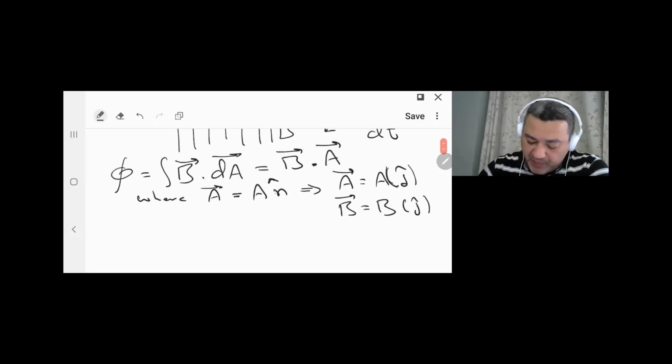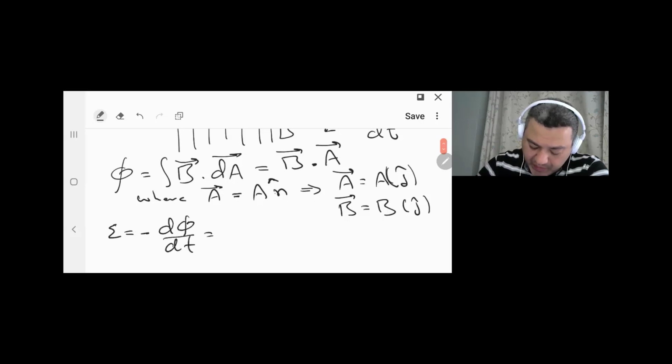Okay, so if this is my flux, the dot product between the magnetic field and the area vector, then if I am to take the derivative, this would be minus d over dt of B dot A.